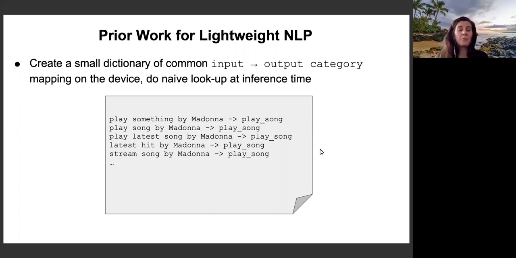So here's an example. Even if you just want to say something very simple, like "play a song", right? The vocabulary is so rich. There are multiple ways in which you can express the same thing. Sometimes you can say "play something by Madonna", or you can just say "play a song by Madonna". And if you start thinking about all the different ways people say the same thing, that space will explode. So you cannot hash the whole language space for every single thing on earth and hope that this will solve the problem, right? So these kinds of approaches actually do not work.